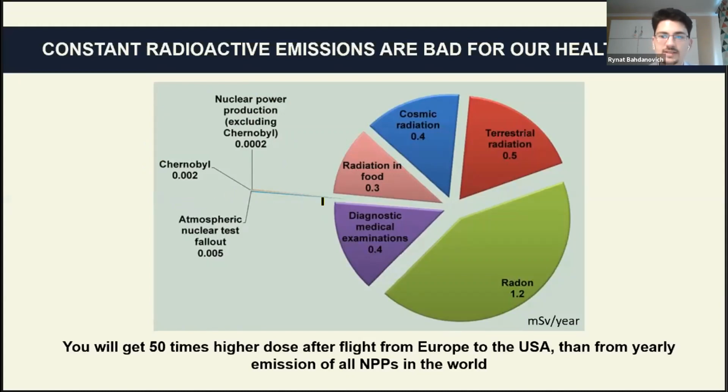More radiation is emitted during the burning of coal, and you will get a 50 times higher dose after a flight from Europe to the USA than from yearly emissions of all nuclear power plants in the world. The dose associated with the Chernobyl disaster is also very low.